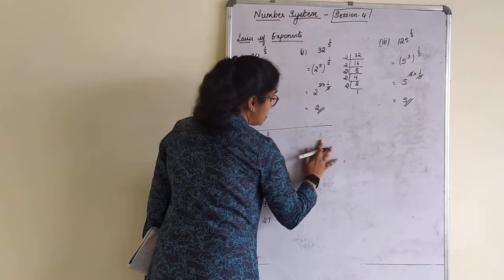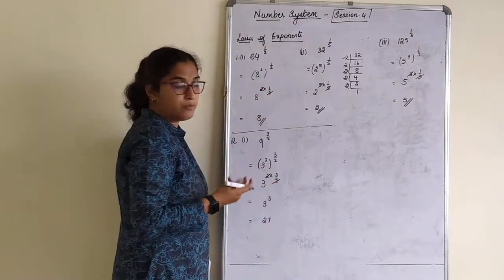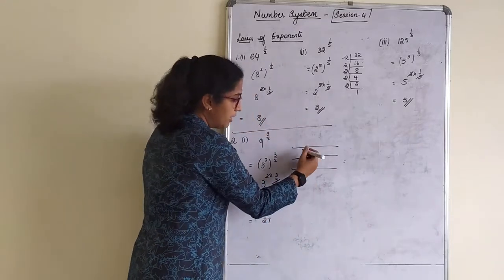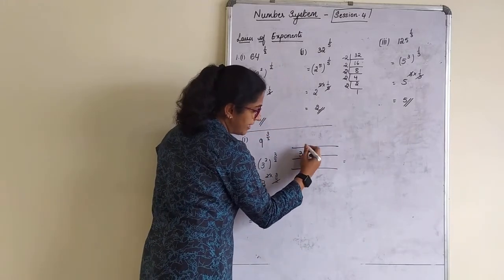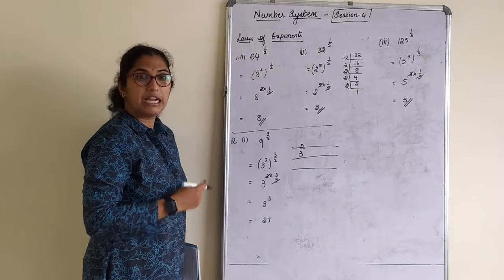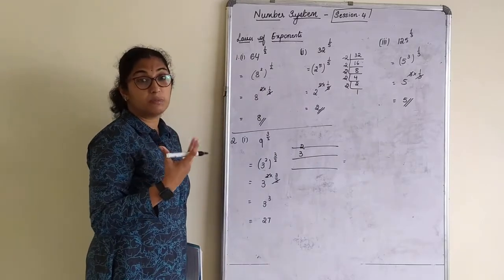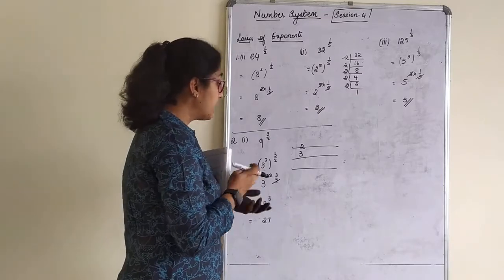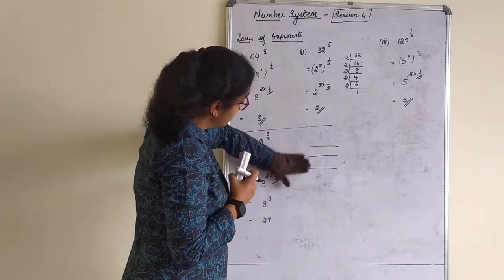I need to teach this also because you write that beautifully in your book. If you are writing a number, make sure you are writing 3 and 2 here. At least have sufficient space for your base and your exponent, right? So that we come to know what is your base and exponent.